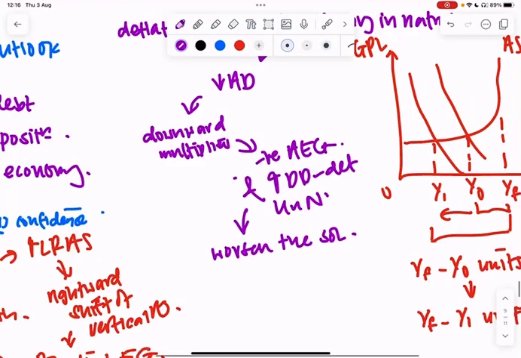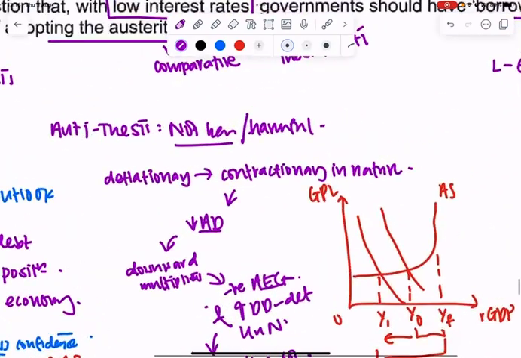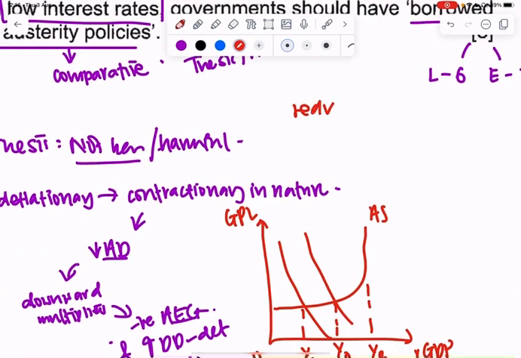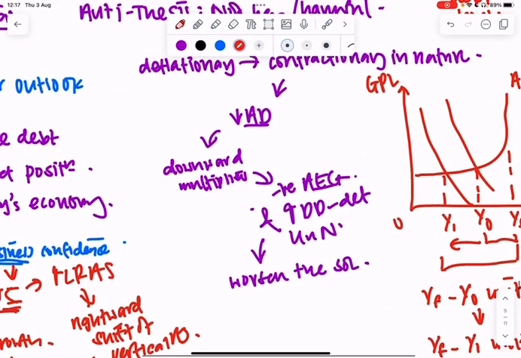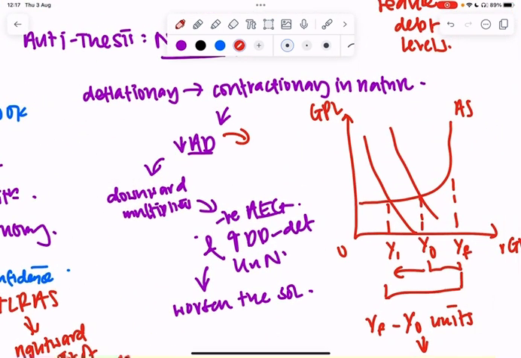And beyond just this fall in AD, we know that the government's objective also is to reduce debt levels. But you realize that if there's a fall in AD and there's a fall in output from the economy, this would also lead to the government being able to collect less taxes.